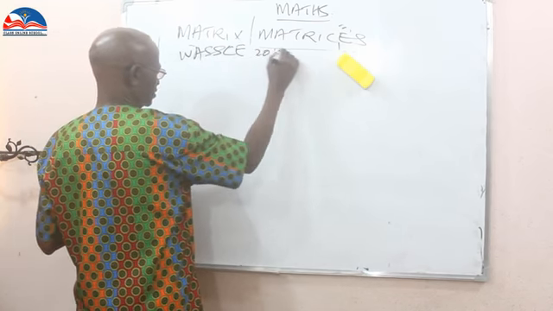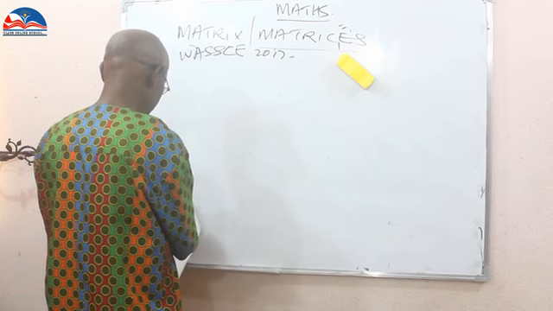If you are given two equations, these two, what happens? How do you resolve it?